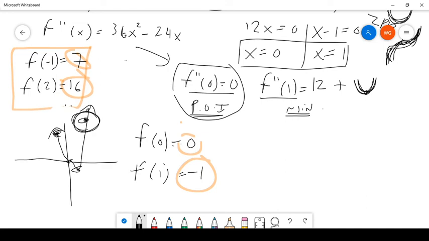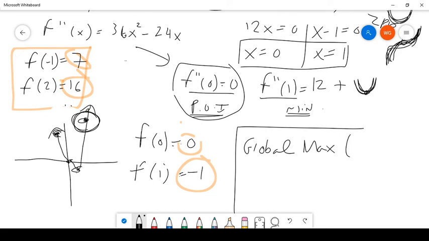So the conclusion made without drawing a Desmos graph is we have a global max at the end of our interval at the point (2, 16), and we have a global min as identified by our first and second derivative test located at (1, -1), and there is no local minimum or no local maximum, and there is a point of inflection, but that is not relevant here.